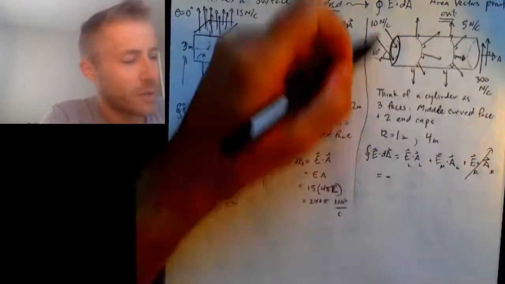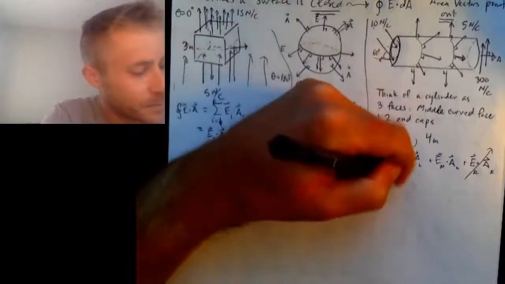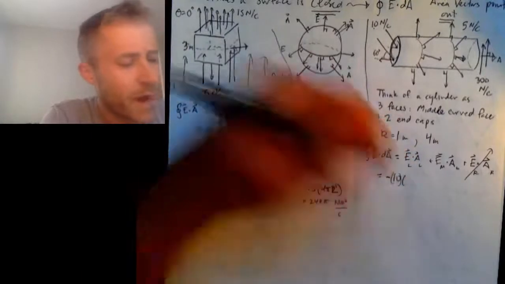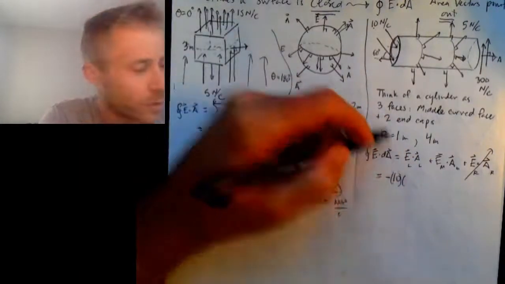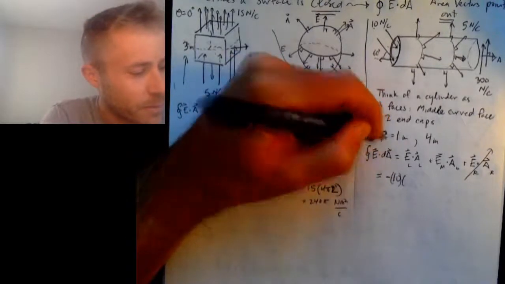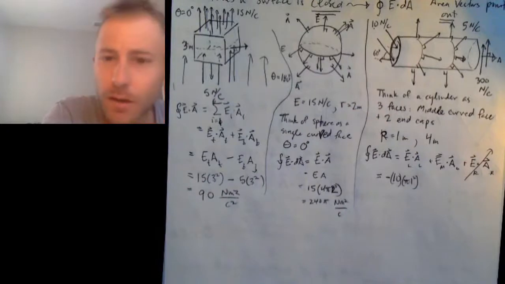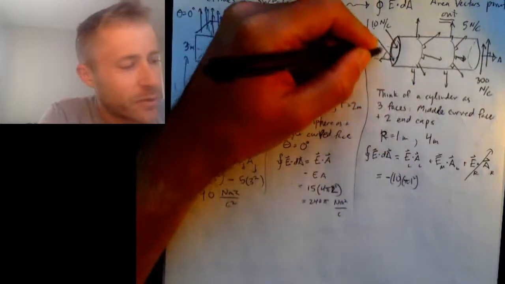The size of the electric field is 10. The size of the area is pi r squared. So pi times 1 squared, because the radius is 1. All right. And then the angle is 60 degrees.